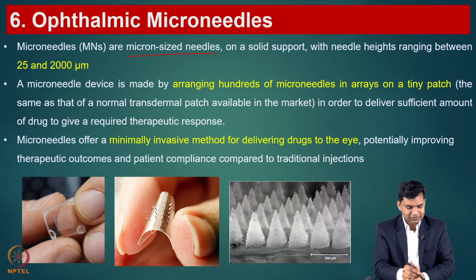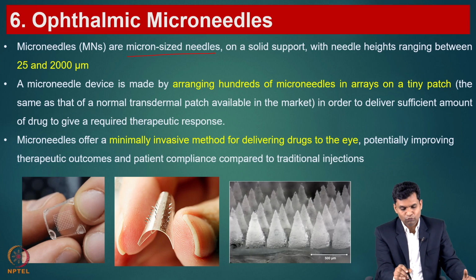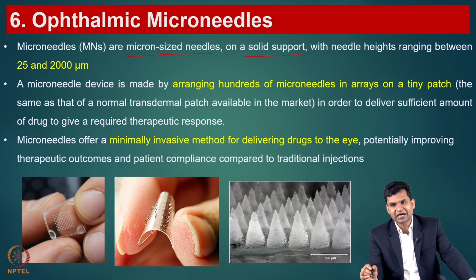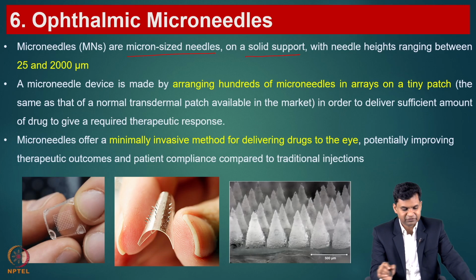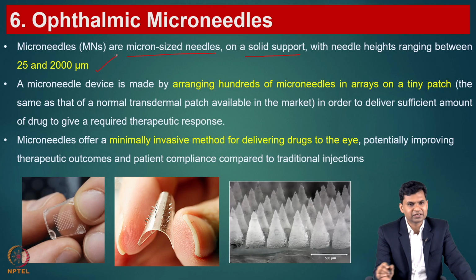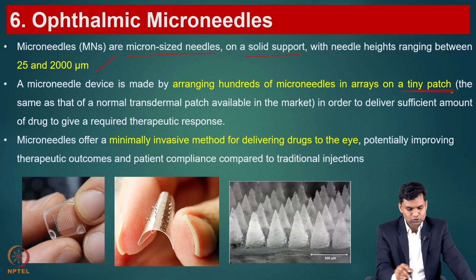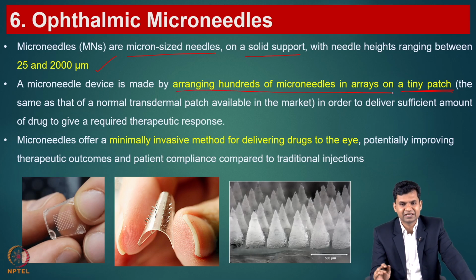You can see there are the needles on the patch. So, microneedles are presented on a solid support, that is the patch, with needle heights ranging between 25 to 200 micrometers. Hundreds of microneedles are arranged in an array.